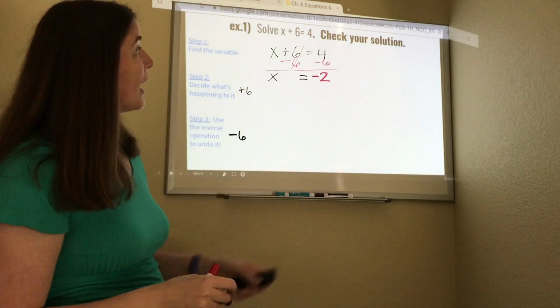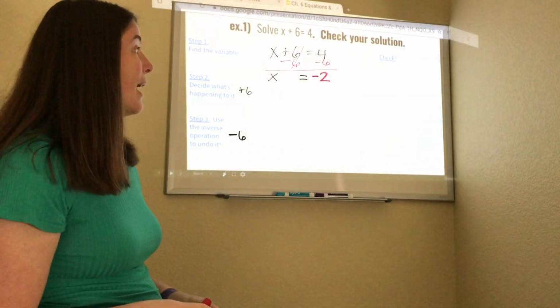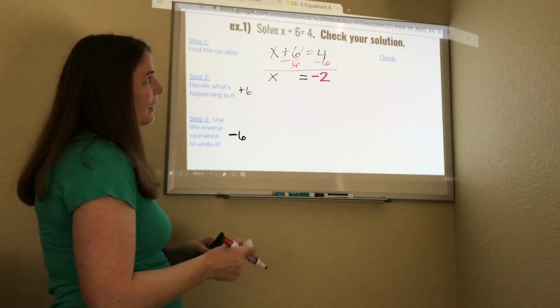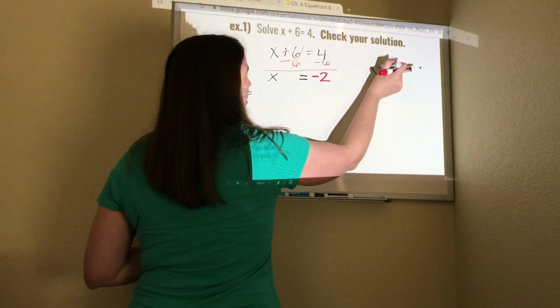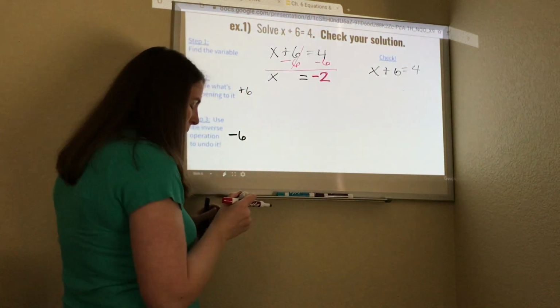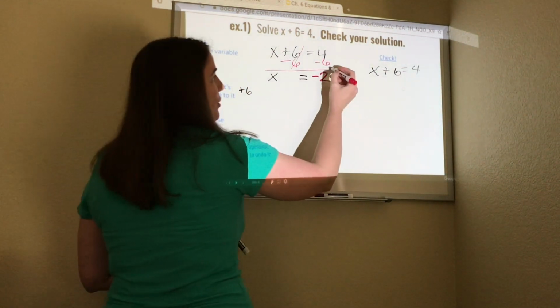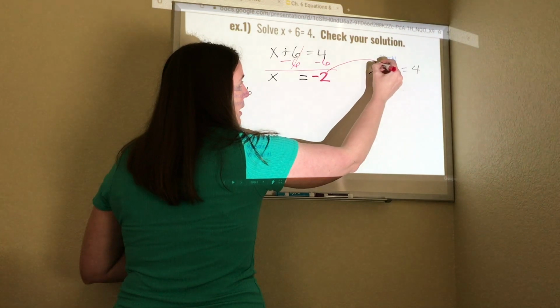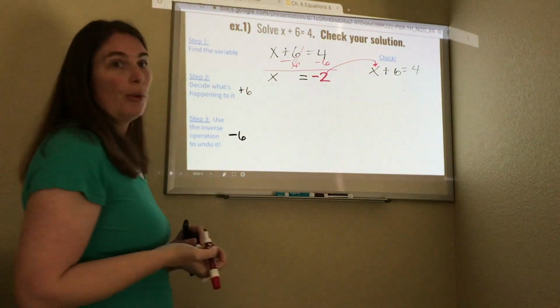Now I have to check my solution. How I check my solution is I rewrite my equation, x plus 6 equals 4, and then all I do is substitute that -2 for x.